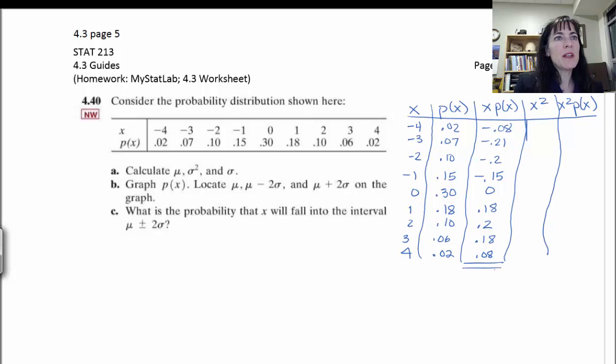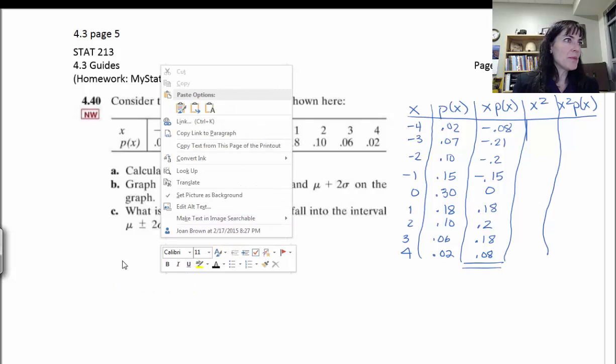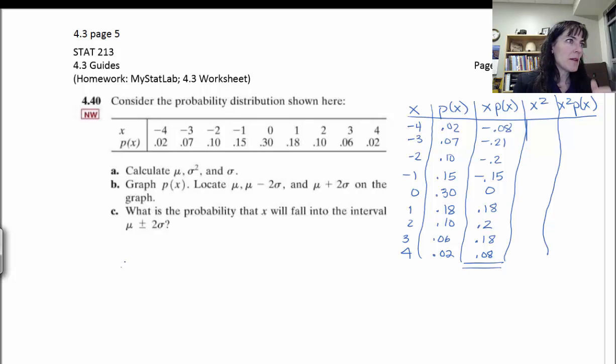Now for the mean, I need to add all those up because the mean equals the sum of the x's times the probabilities of the x's. And we have that on the previous page or two. The expected value of x is the summation of the x's times the probabilities of the x's.